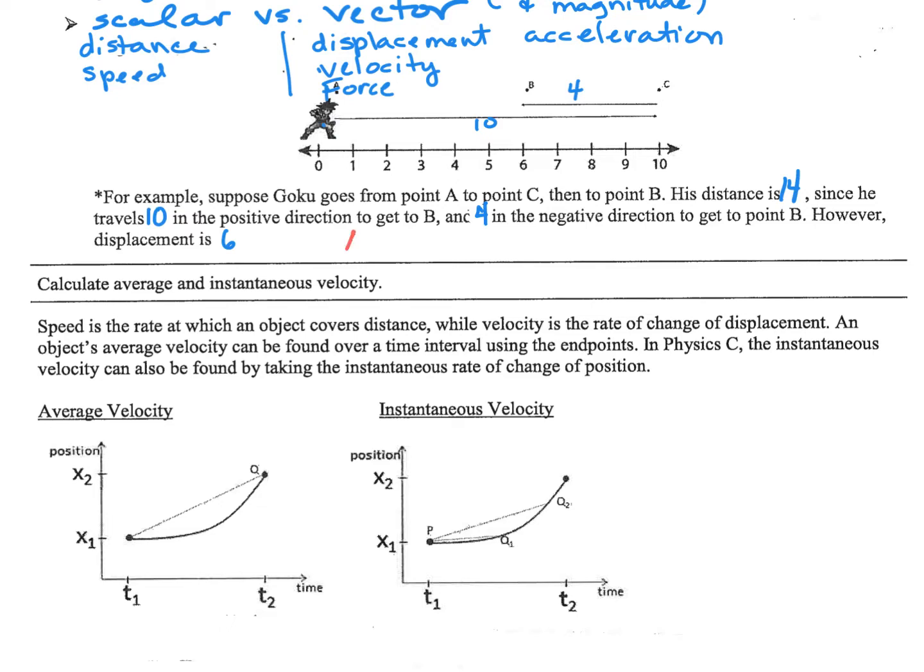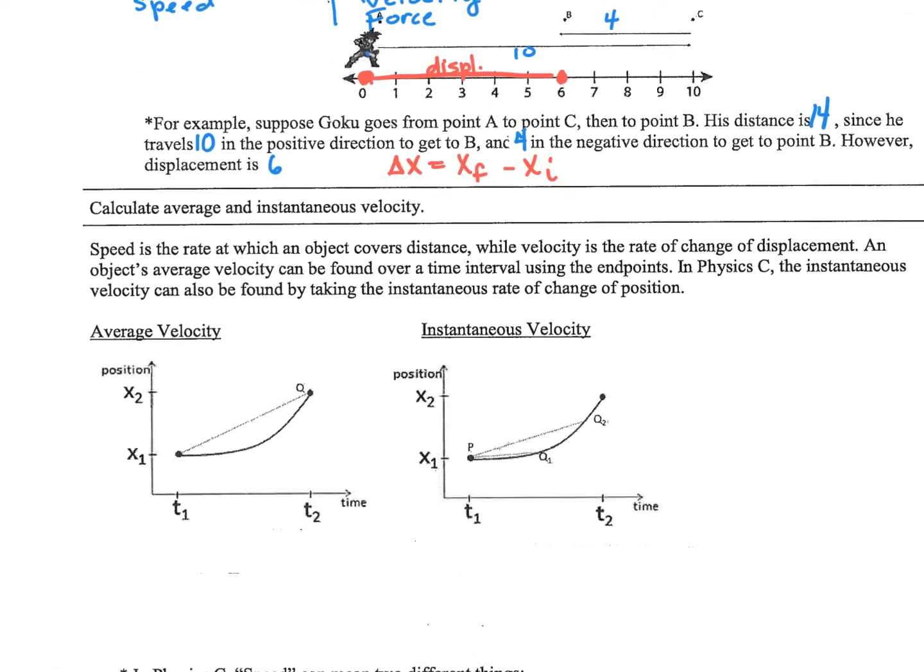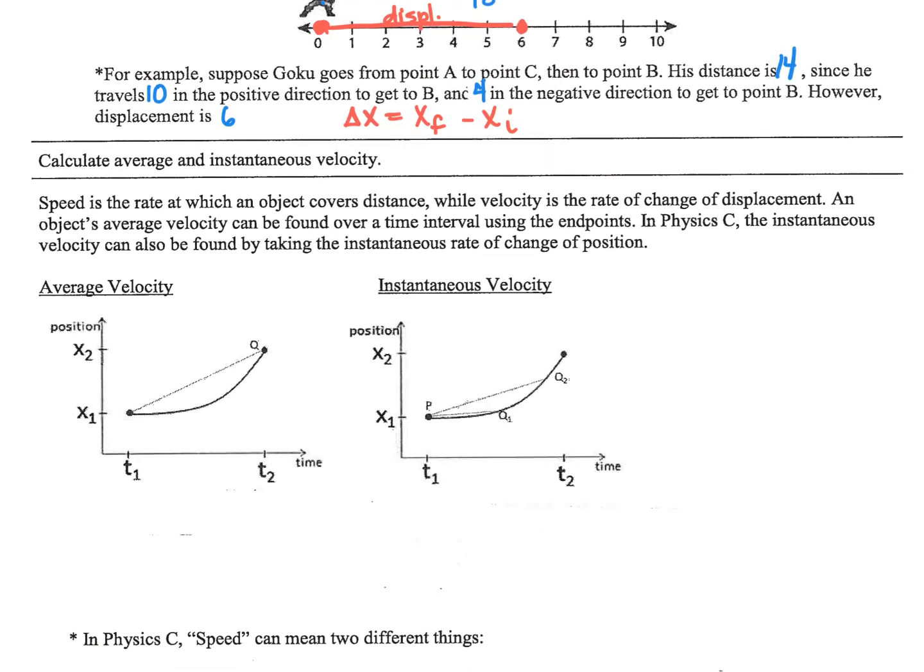In other words, displacement, which we call delta x, is your final position minus your initial position. So he started at 0, he ended up at 6. This is displacement. However, the entire route added up would be the distance he traveled. So oftentimes they're different. It's also the difference between taking an average and taking an instantaneous.